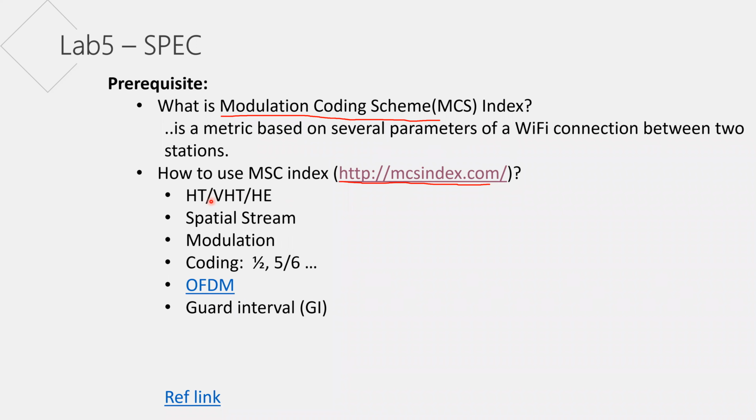The first one, what are HT, VHT, HE? HT stands for high throughput, VHT is very high throughput, and this one is high efficiency. They represent different versions of the 802.11 protocol. This one represents 802.11n, this one 802.11ac, and this one 802.11ax.